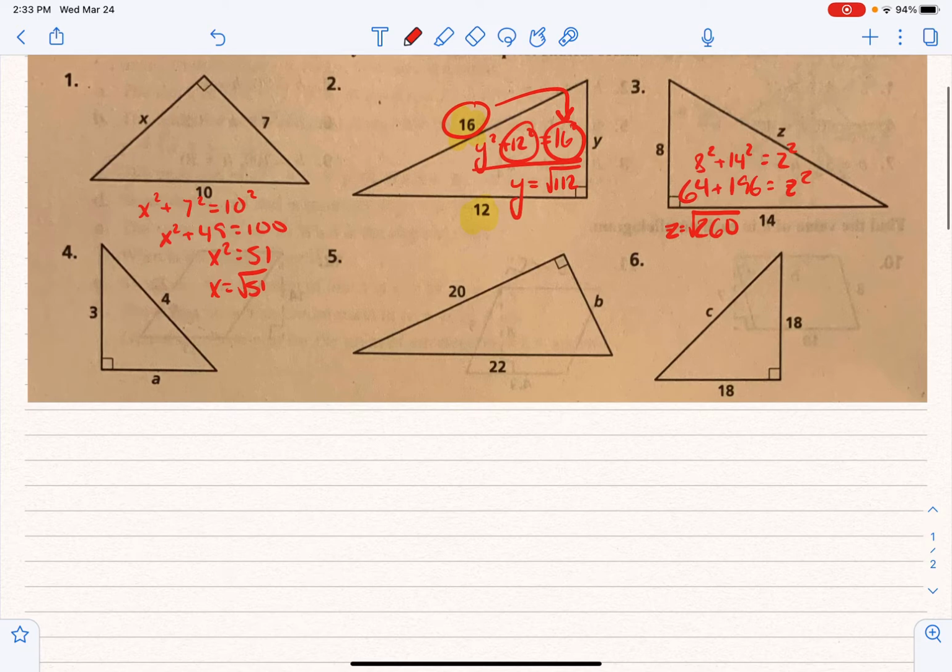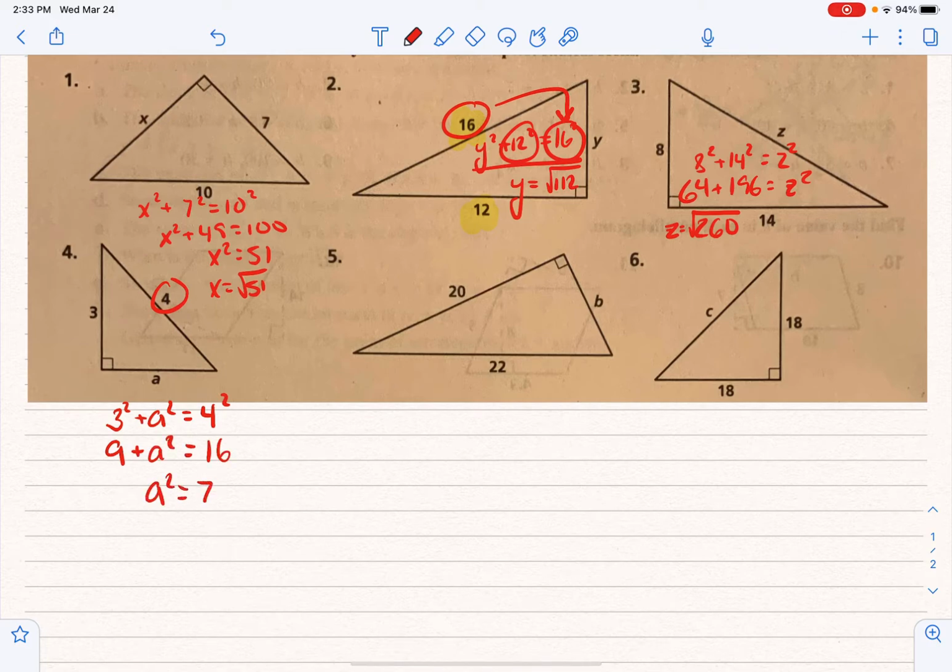All right, for number 4, again, the hypotenuse has been given to you, so make sure you write it that way. So you've got 3 squared plus a squared is equal to 4 squared. That's 9 plus whatever that is equals 16. If you subtract the 9, then you know that a squared is 7, so therefore a is the square root of 7. On number 5, I've got the hypotenuse, so that one's got to go by itself, 22 squared.